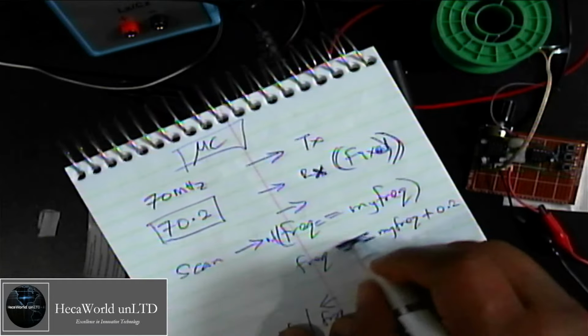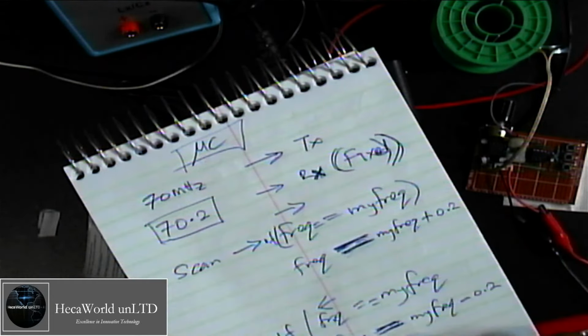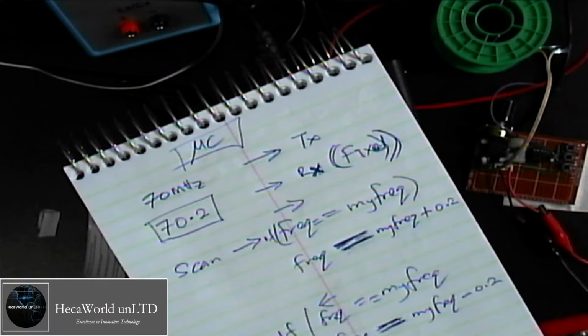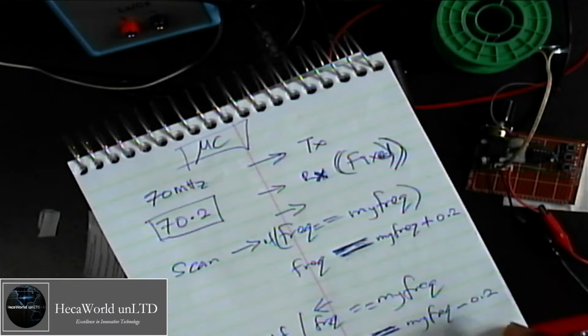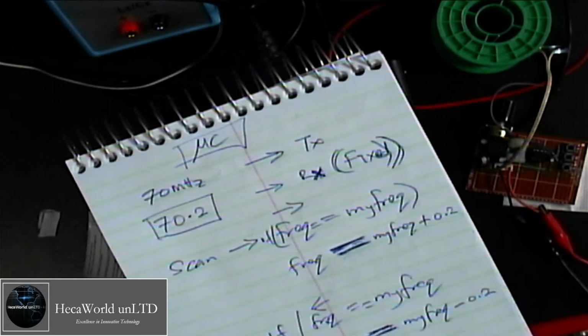So double equals is for comparison, and single equal sign is for assignment. So you assign that frequency to drop by 0.2 megahertz, which is 200 kilohertz, and then it goes. You can assign 0.1, and it just drops by 100 kilohertz. So that's how you build the system.